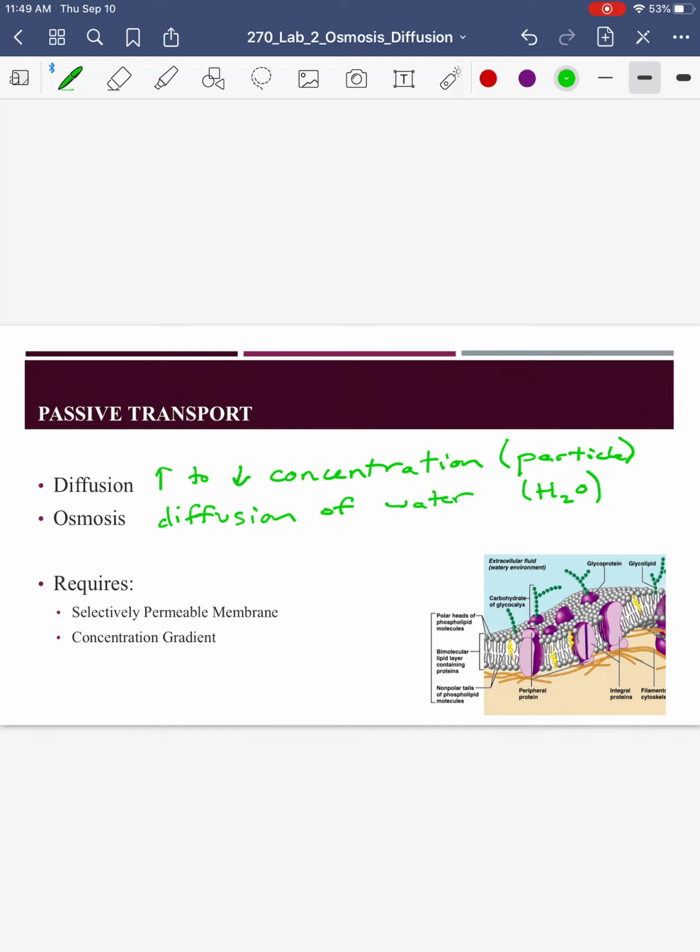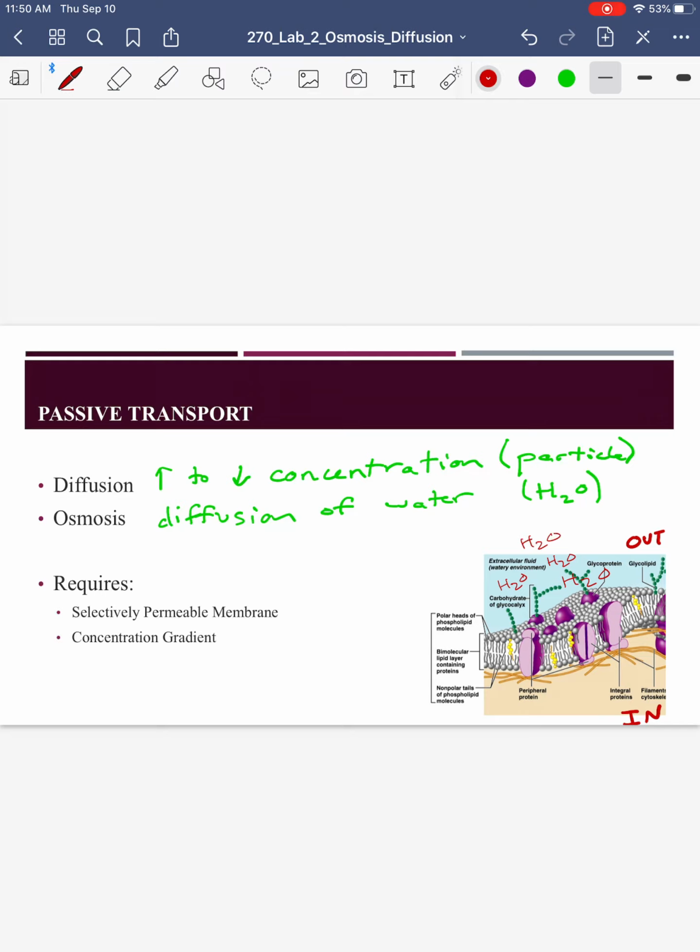When we're talking about diffusion, we're referring to a particle not named water, and when we're talking about osmosis, we're talking about water. And we can see how this could happen. Let's say this is outside of the cell, and this is inside of the cell. If I have a lot of water, let's draw in some water molecules.